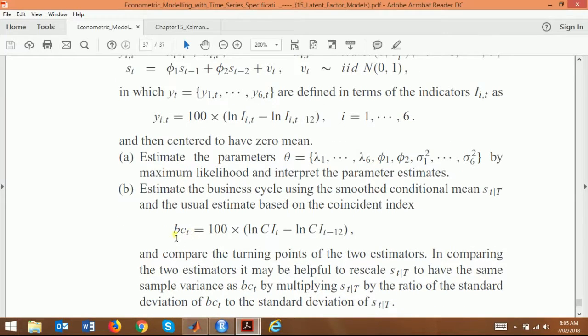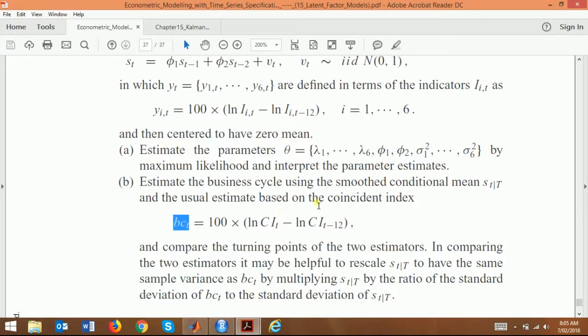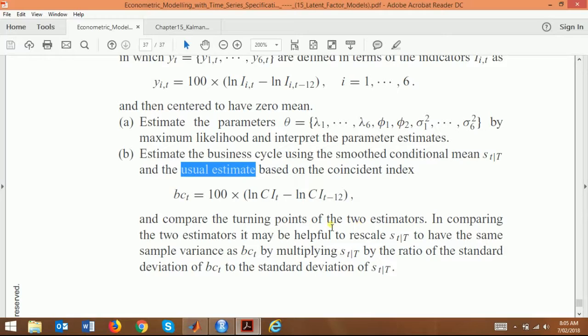So for the coincident index, we do the smoothed conditional mean and the non-smoothed usual estimate. Then we need to find the turning points in the two estimates. It may be helpful to rescale to have the same sample variance as the coincident index.